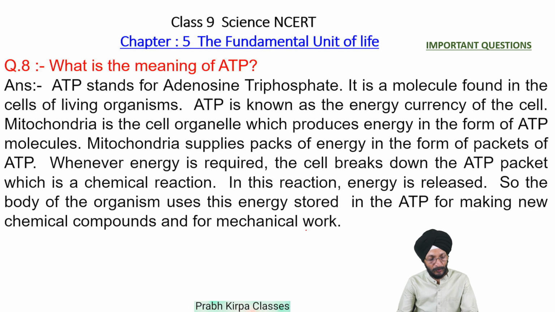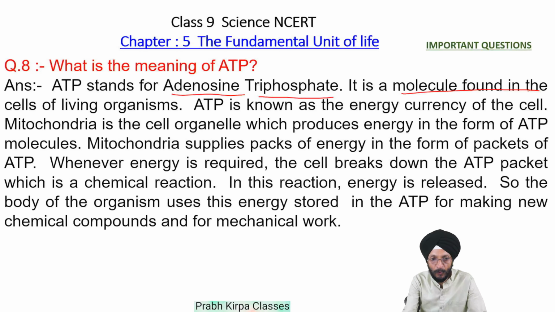Now, another important question is, what is ATP? ATP stands for adenosine triphosphate. It is a molecule found in the cells of living organisms. It is known as the energy currency of the cell. Mitochondria is the cell organelle which produces energy in the form of ATP molecules.